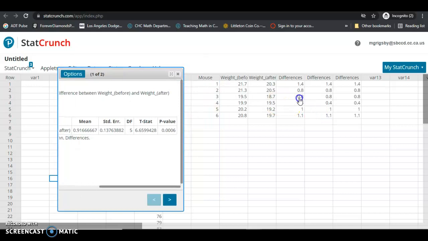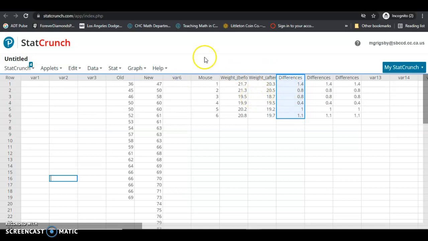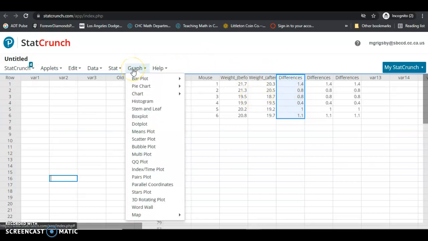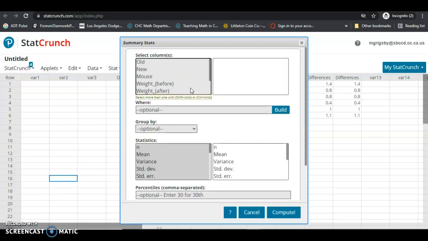Now, if you have it set up to where it calculates the differences for you, it puts the differences in a separate column. So these are the differences, the before weight minus the after weight, for each of the 6 mice. If you want, for example, the standard deviation, what we can do with these differences is go to summary stats, select columns.